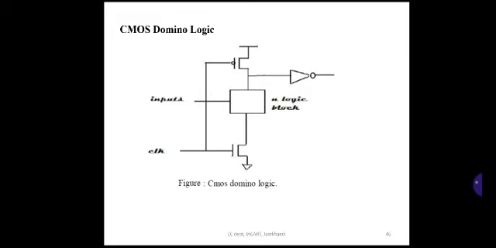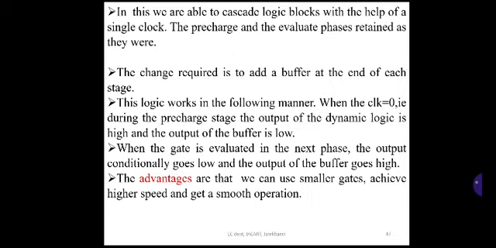This is the block diagram of the CMOS domino logic. In this we are able to cascade logic blocks with the help of a single clock. The precharge and evaluate phases are retained as they were. The change required is to add a buffer at the end of each stage.